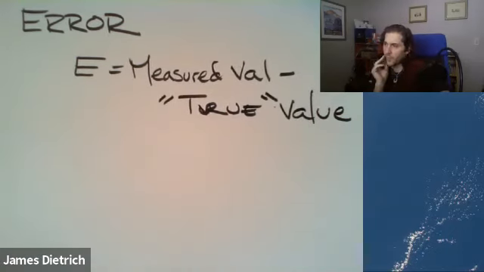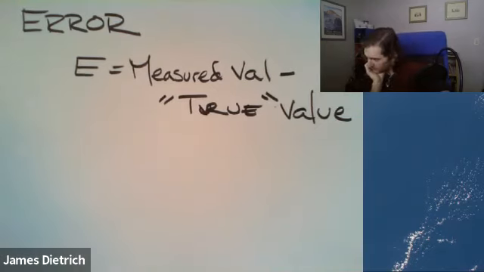So whatever value we measured minus the true value of that point. Now, the question is, how do we know what that true value is? Can we ever know what that true value is? And the answer is no.